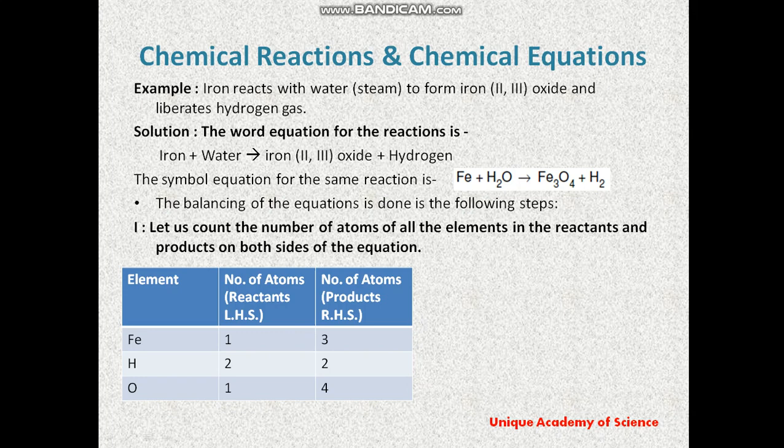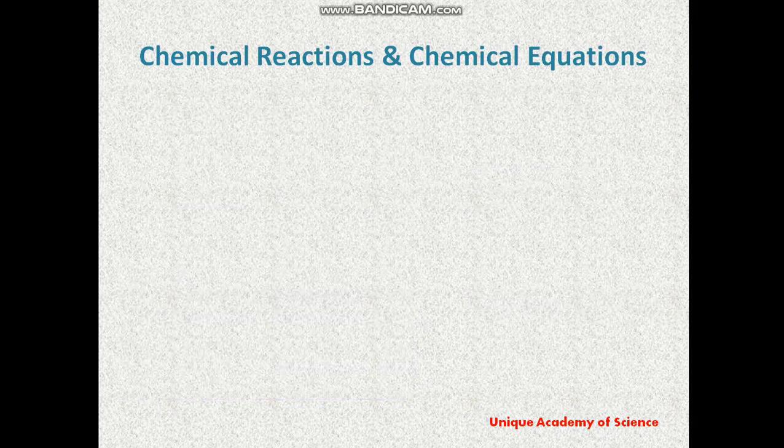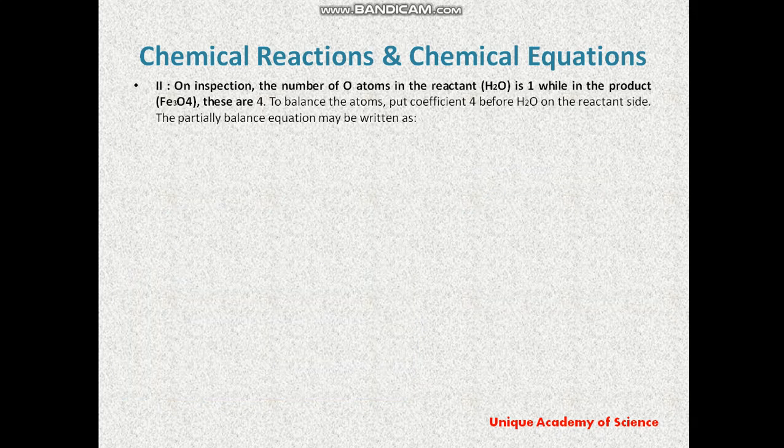So Fe, 1 and 3, is not balanced; H, 2, is balanced; O, 1 and 4, is also not balanced. So we require balancing of the chemical equation, and we can follow particular steps.